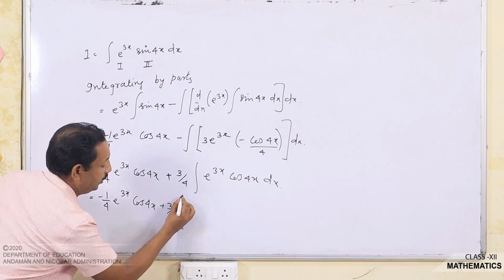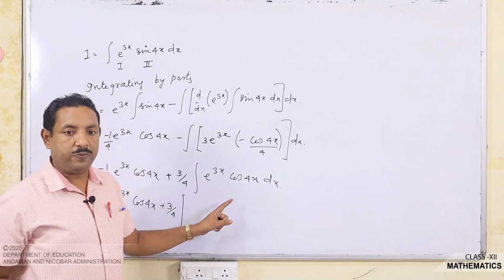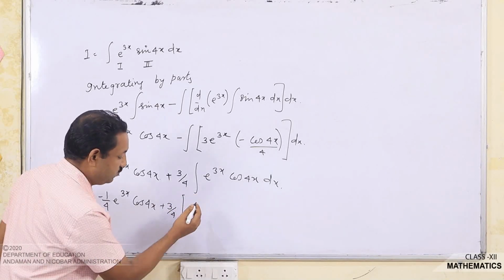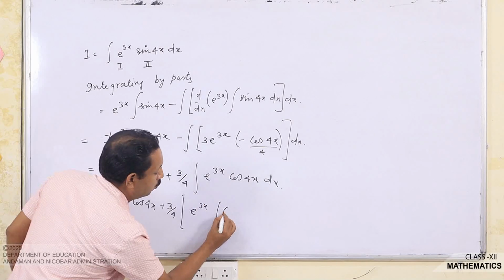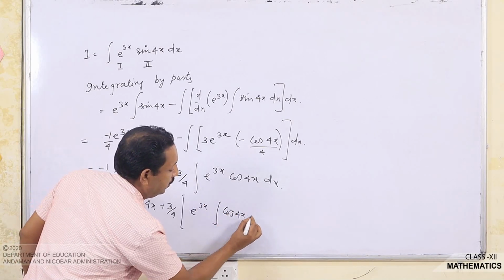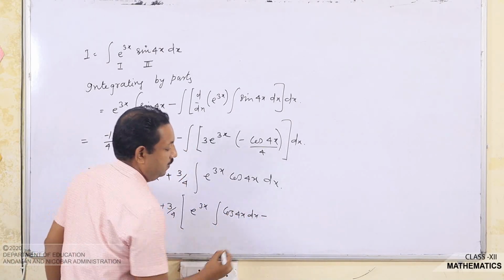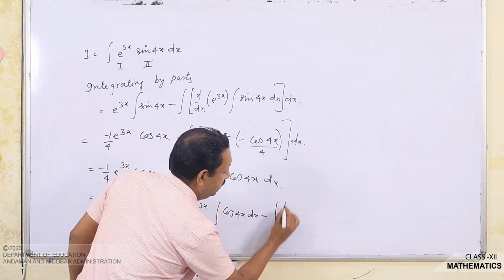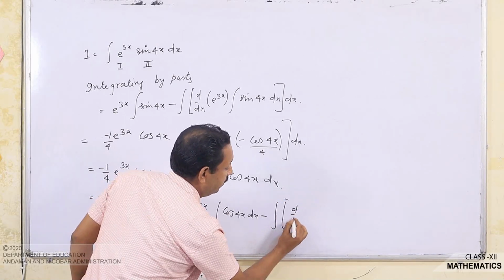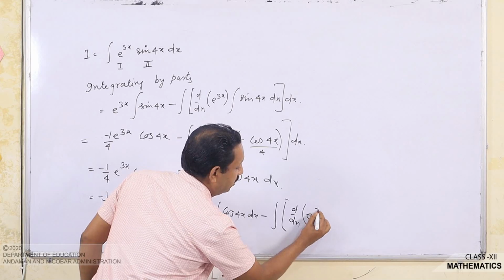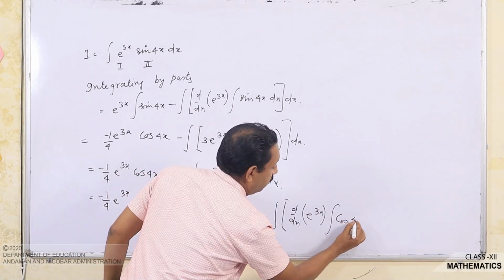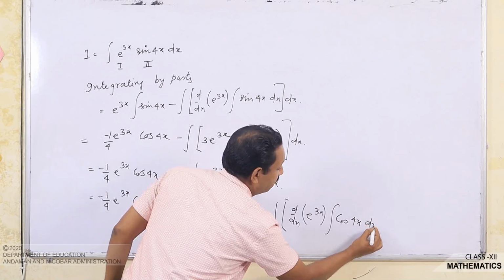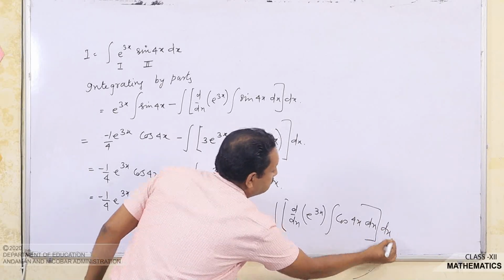Here I am doing integration again by using by parts method. That means first function is e power 3x, integration of cos of 4x dx minus integration, that is derivative of e power 3x and integration of cos 4x dx. Here I close the bracket.